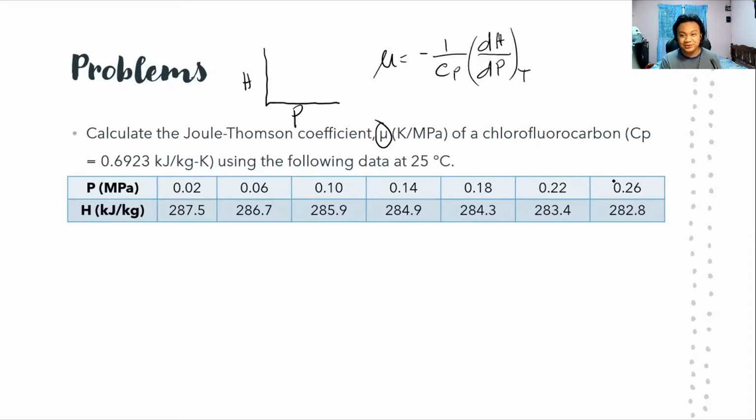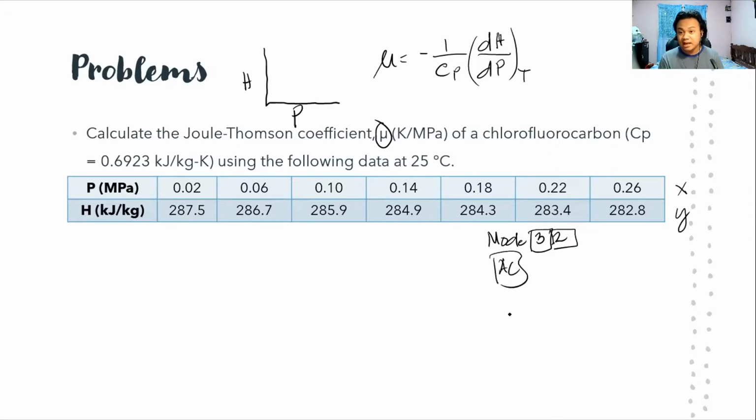Okay, so in order to find that, you have to put it in your calculator. So linear regression. In your calculator, just press mode 3 and then 2, and then you will see the x and y. So input x in MPa in x, and then input the h in your y, and then if you finished inputting these values, you will press AC.